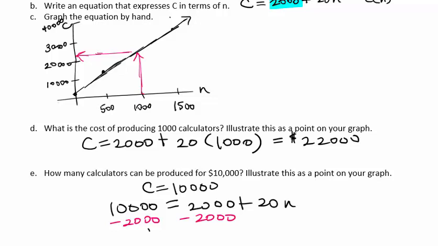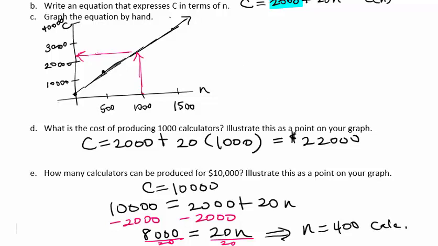That gives me 8,000 is equal to 20N, and then divide both sides by 20. So altogether I get N equals 400, and that's a number of calculators.